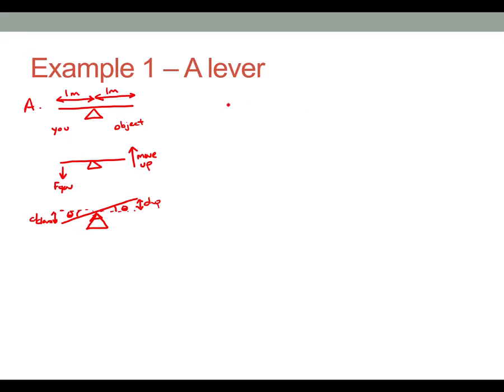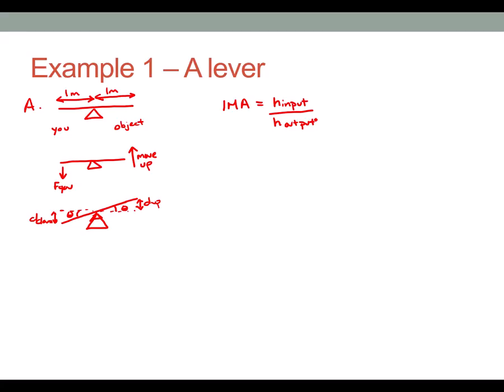So, as we saw in the last video, the ideal mechanical advantage is going to be the ratio of how much the input side moves divided by how much the output side moves.